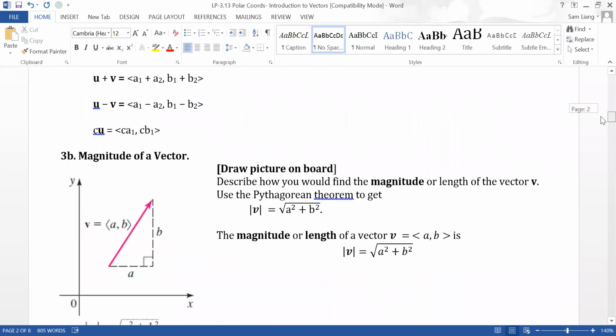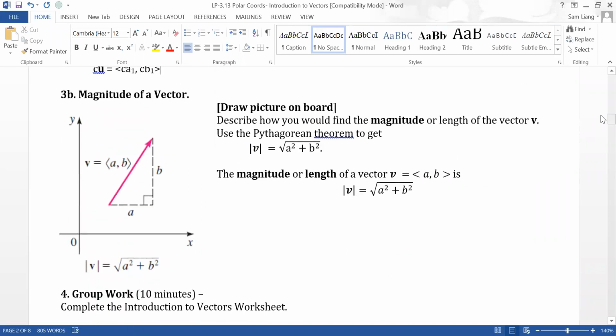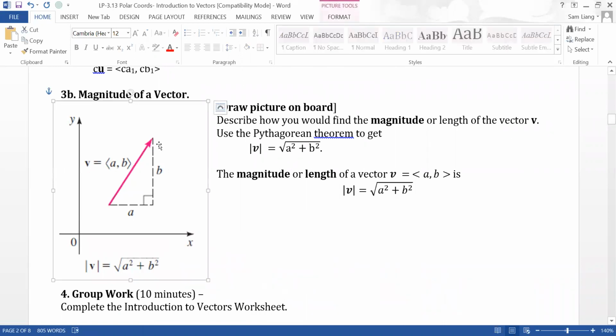Lastly, we're going to talk about the magnitude of a vector, and then after that, we'll get to the worksheet. This is the picture I would draw on the board if we were in class. So describe how you would find the magnitude or length of the vector v. We're going to use the Pythagorean theorem. We have the horizontal and vertical components a and b, and as you can see, it's a right triangle.